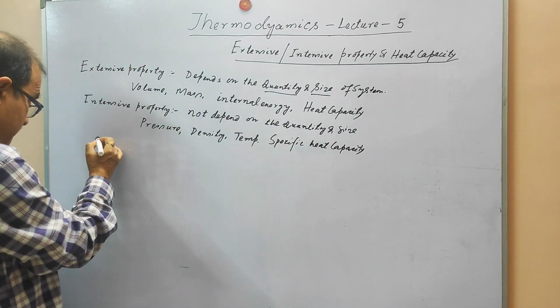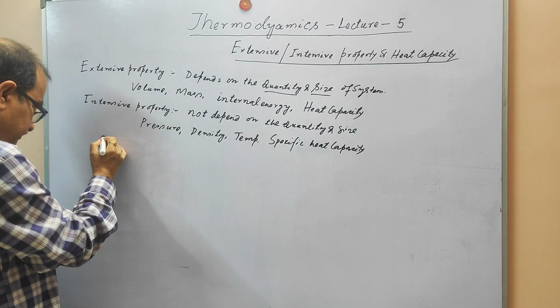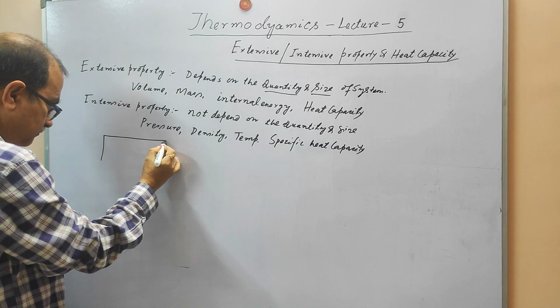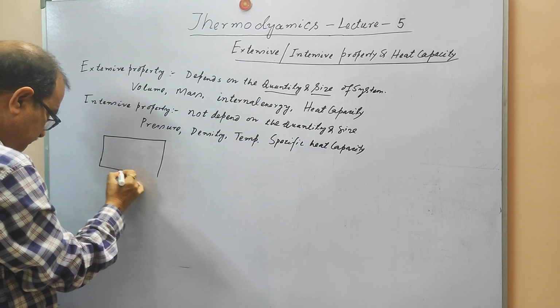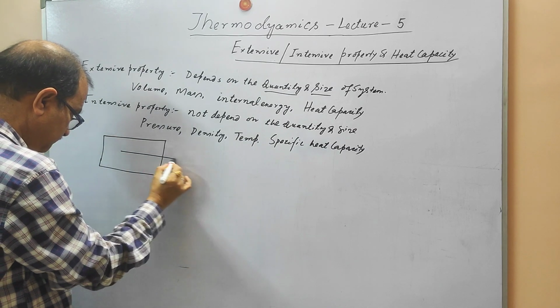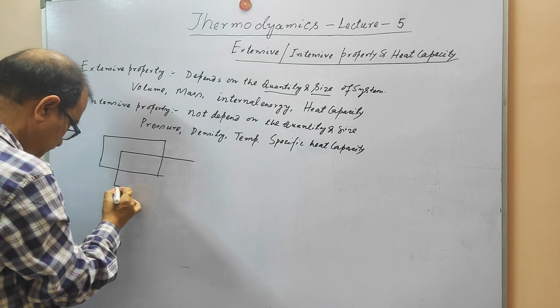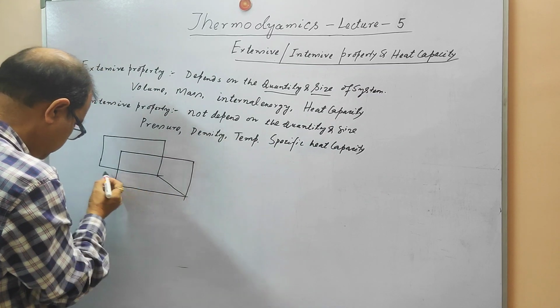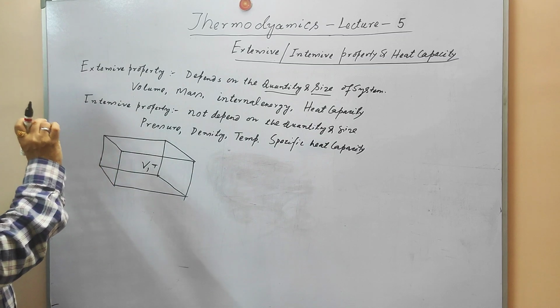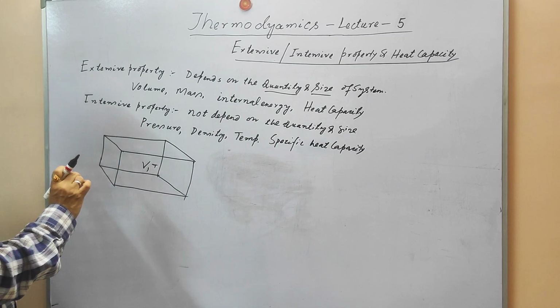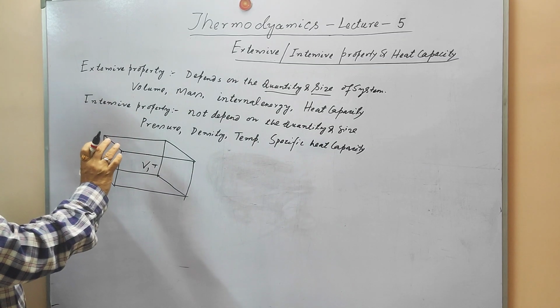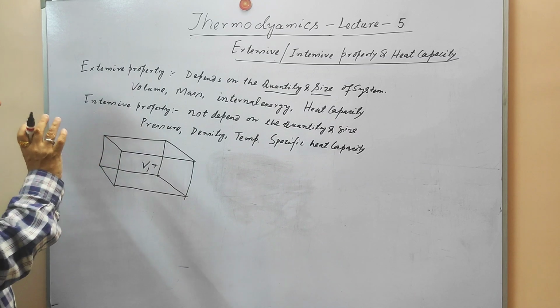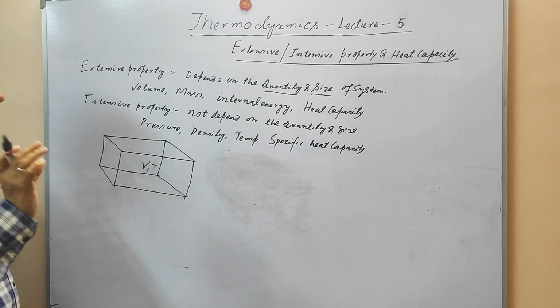For this, let us take a container. This is a container. In this container you can see that it is having the gas. The volume of the gas is V and its temperature is T.